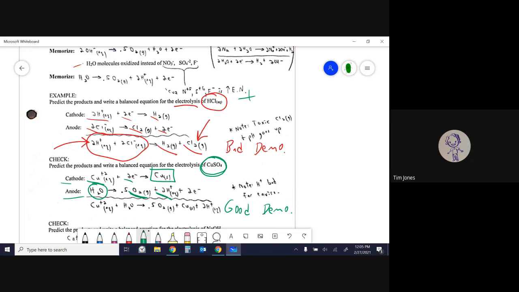So this is a good demonstration, but it is bad for the environment. This on a huge scale, like if you make copper this way for some sort of industrial purpose, this is not good for the environment, because if you look at the overall reaction, we have copper ions becoming copper metal. That's fine. We're using some water. Okay, that's fine. We're making oxygen. That's wonderful, but we're making hydrogen ions.